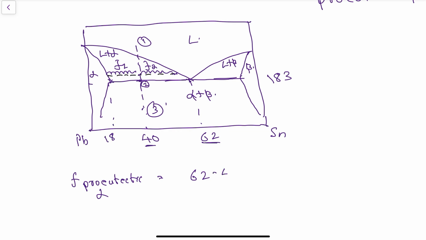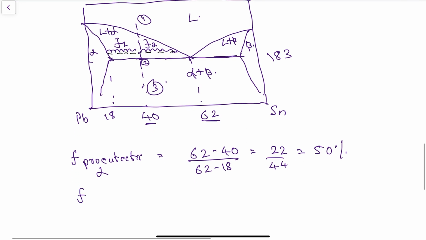So it is 62 minus 40 by 62 minus 18. So this is equal to 22 divided by 44, which is 50%. So that is the percentage of proeutectic alpha. The percentage of liquid will be equal to the remaining 50%.